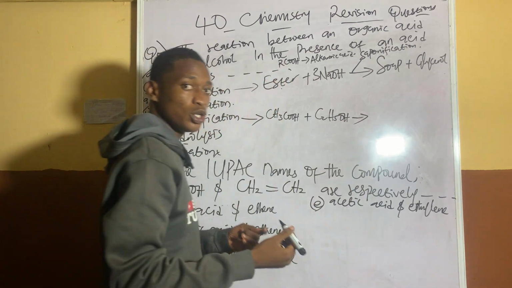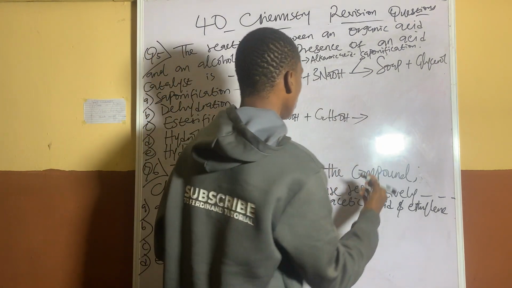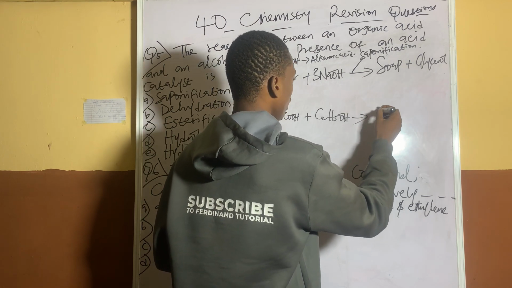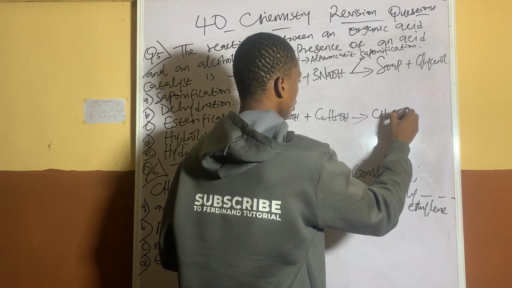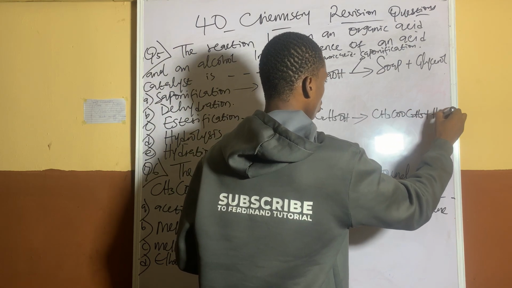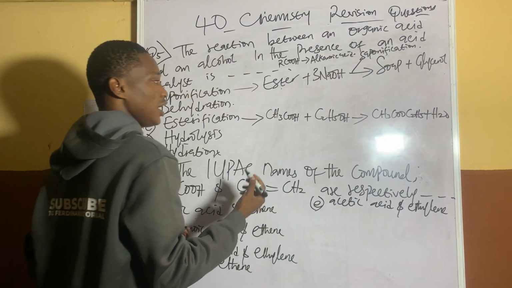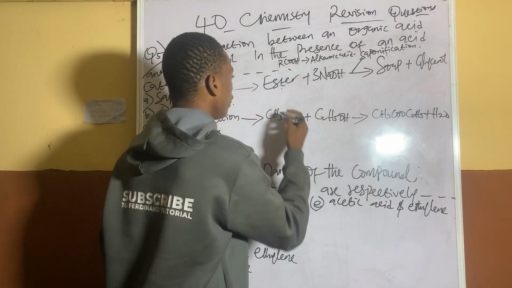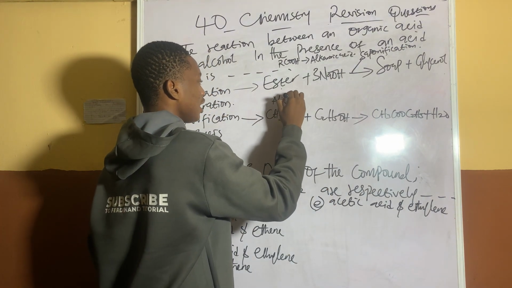Now when they react, they are going to form an ester. The ester they are going to form can be something like this: CH3COOC2H5 plus H2O.